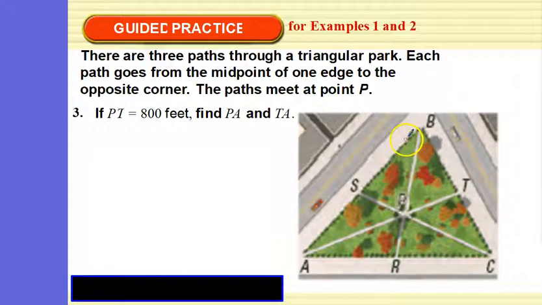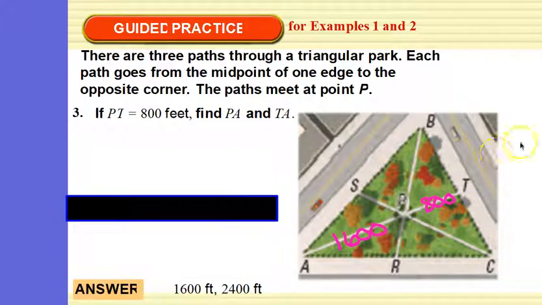If PT is 800, what is PA? 1,600, making TA 2,400. Good.